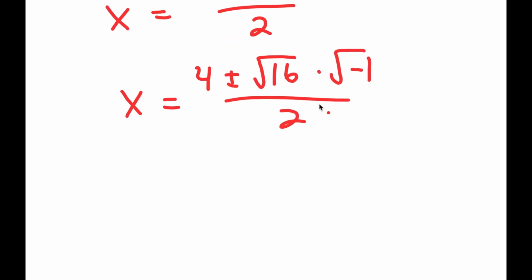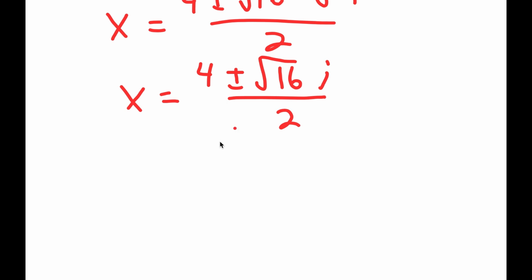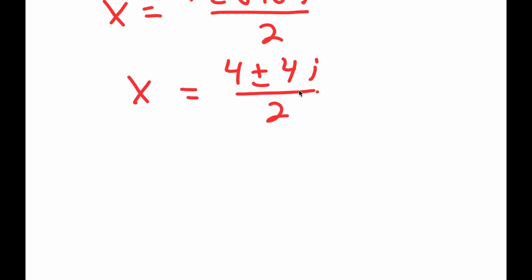And as you might already know, the square root of negative 1 is the same thing as i. So I get 4 plus or minus the square root of 16 times i over 2. And the square root of 16 is equal to 4, so I get 4 plus or minus 4i over 2. And now I can divide both terms by 2, so I get x is equal to 2 plus or minus 2i.